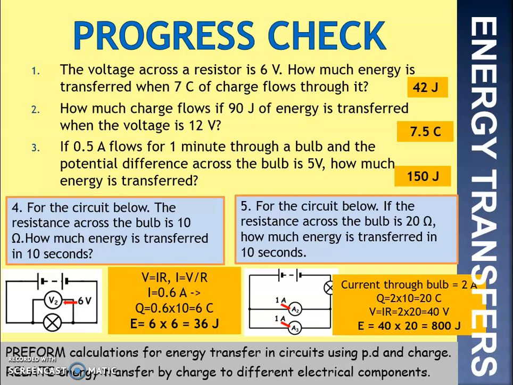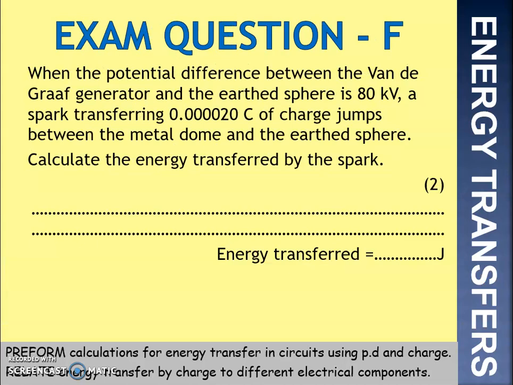We know the time's 10 seconds. 2 times 10 gives us 20 coulombs. V equals IR. So 2 times 20 gives us 40 volts. 2 was the current, resistance is 20, 40 volts. We've got the values we need now to calculate energy. Energy equals charge times voltage, 20 times 40, giving us 800 joules.